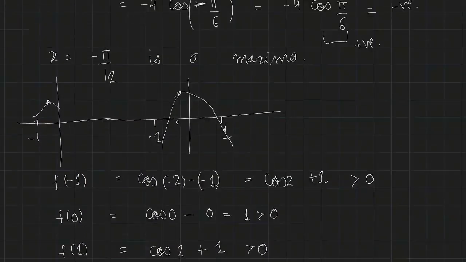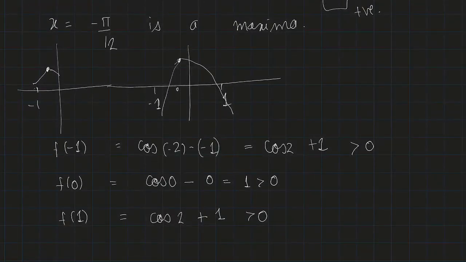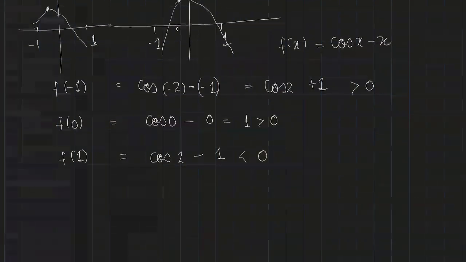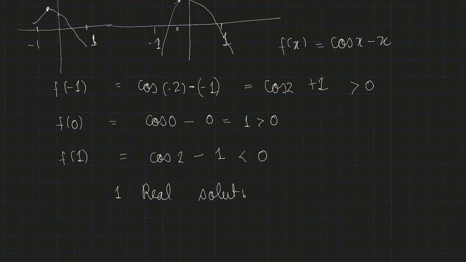Wait a minute, I'm sorry, it is not plus 1, it is minus 1, because the function f of x is cos of x minus x. So cos of 1 minus 1 is less than 0. And here somewhere I have something less than 0, and we are done. I can see f of x between the interval -1 to 1 is only intersecting the x-axis once. So I have one real solution, and that is my answer.